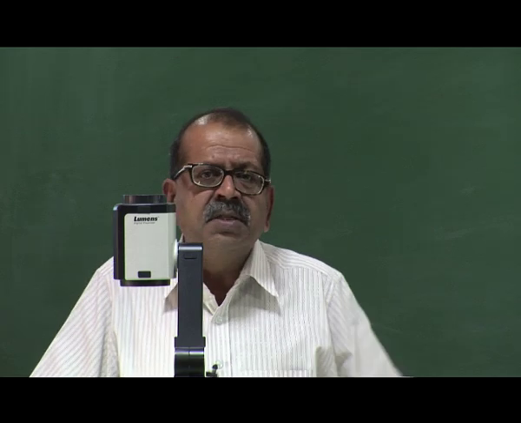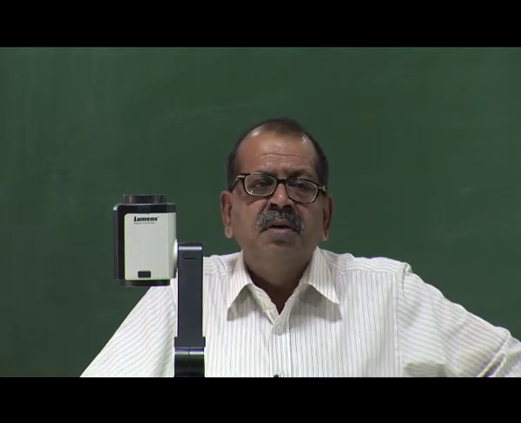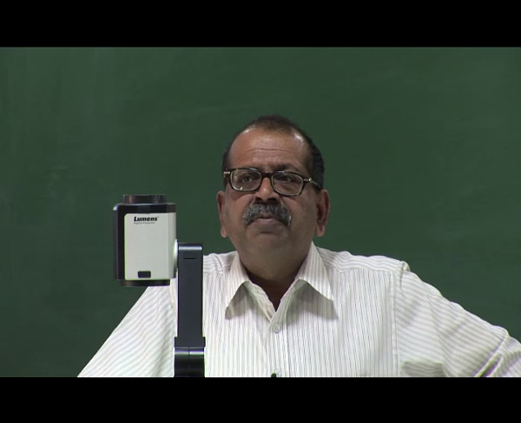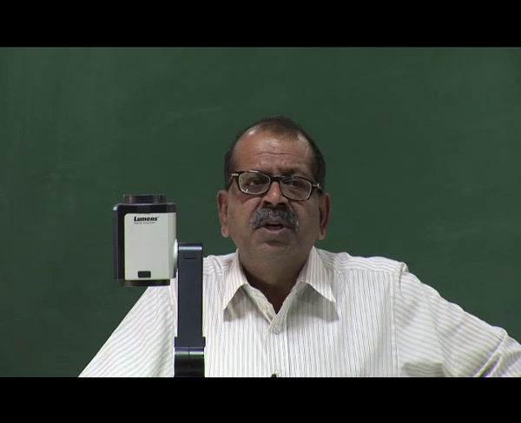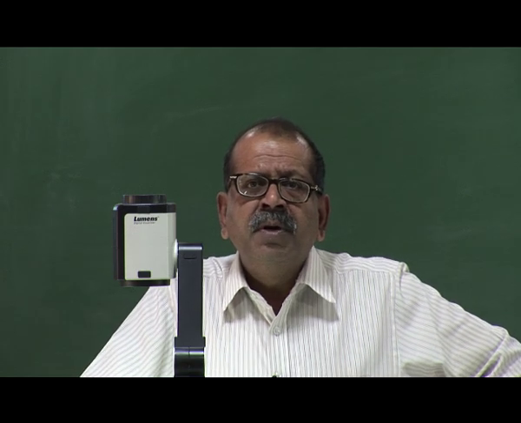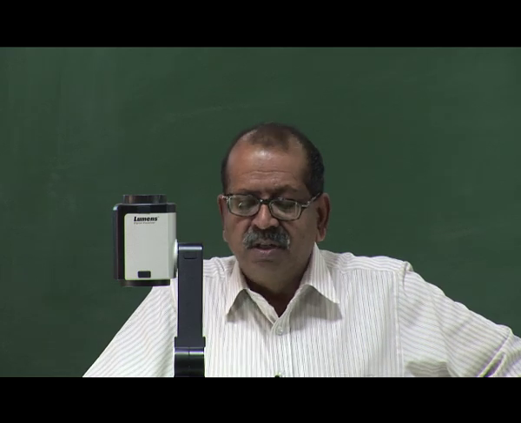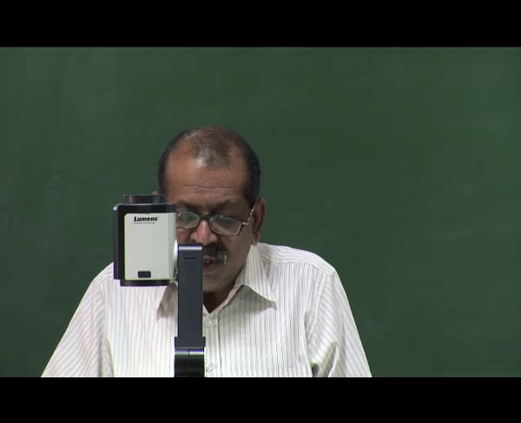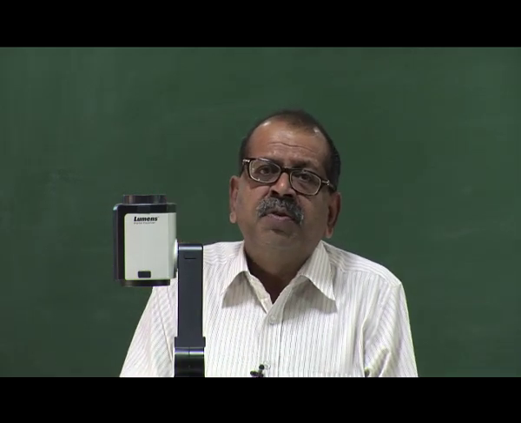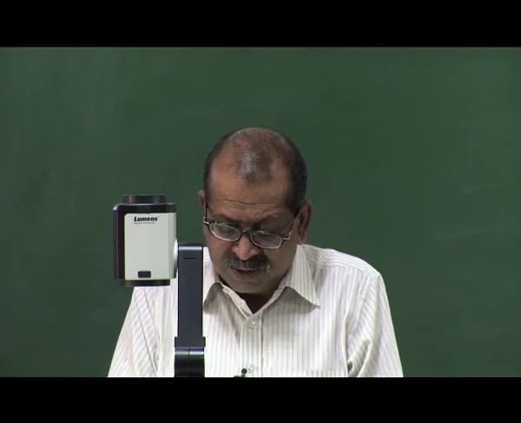In the last class we saw the usage of the equation F is equal to ma. Now we will look at this equation in a new form, and this formulation is referred to as the work and kinetic energy formulation, which leads to the principle of conservation of energy.